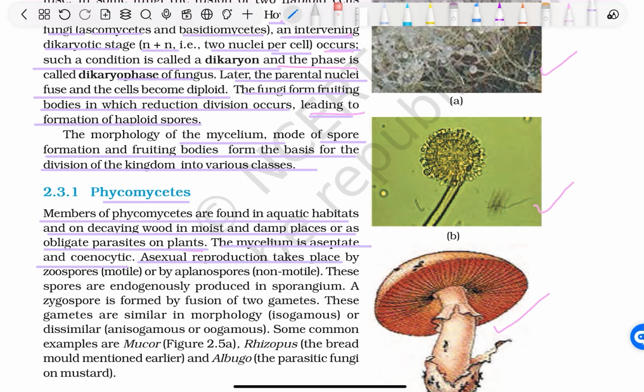Asexual reproduction takes place by zoospores (motile) or by aplanospores (non-motile). These spores are endogenously produced in sporangium. A zygospore is formed by fusion of 2 gametes. These gametes are similar in morphology (isogamous) or dissimilar (anisogamous or oogamous). Some common examples are Mucor, Rhizopus, the bread mold mentioned earlier, and Albugo, the parasitic fungus on mustard.